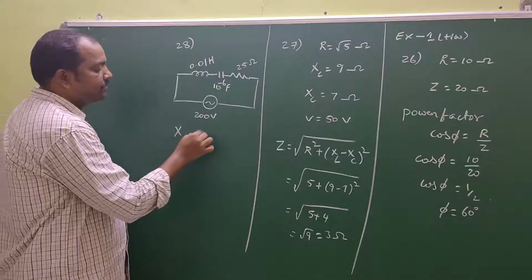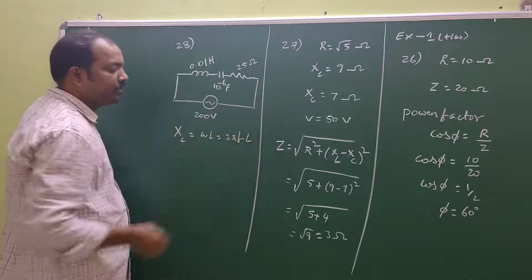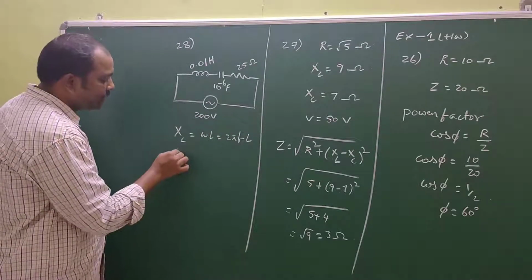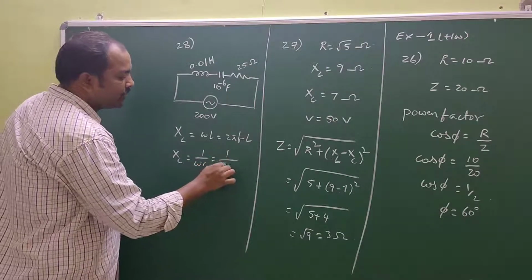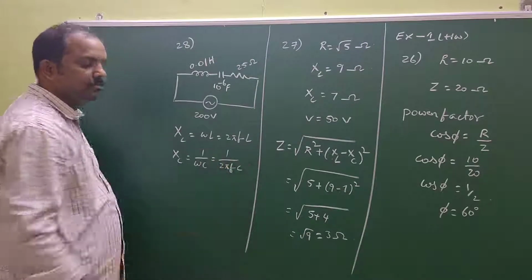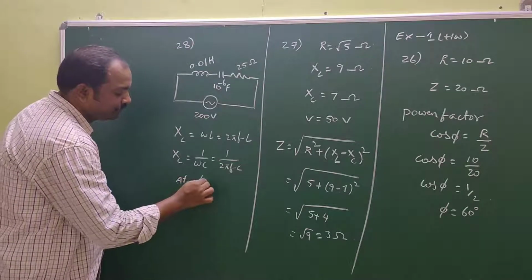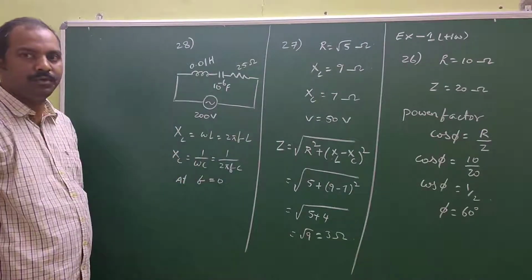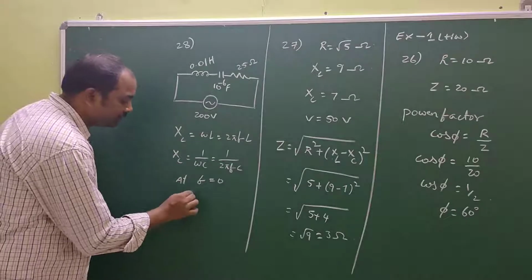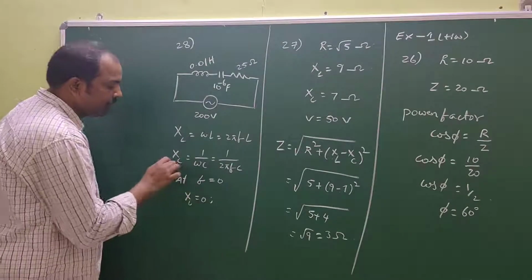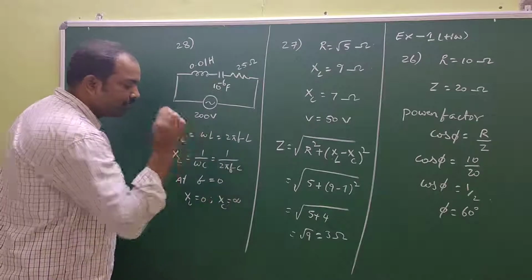See, inductive reactance is omega L, that is equal to 2 pi f into L. Similarly, capacitive reactance is 1 by omega C, that is 1 by 2 pi f into C. At frequency 0, inductive reactance is 0, capacitive reactance is 1 by 0, that is infinity.